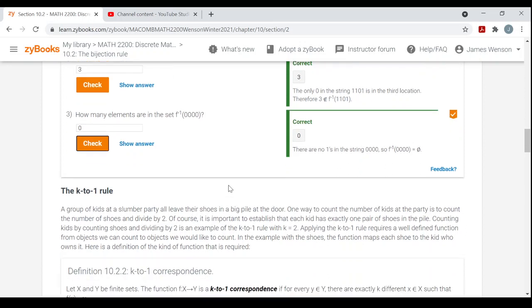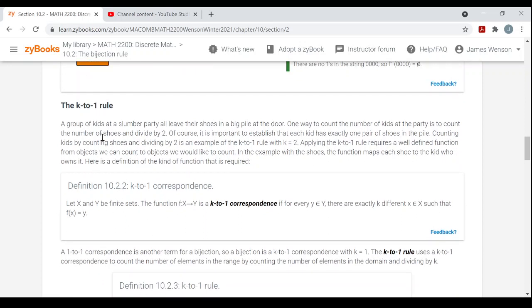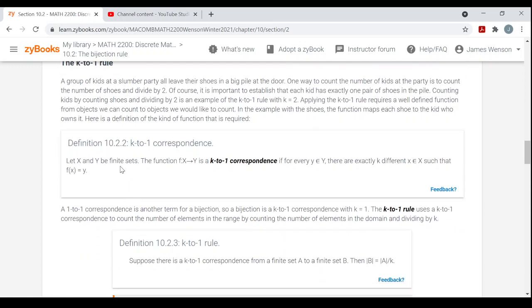All right. So next, we've seen one-to-one functions. We're going to talk about k-to-1 correspondences, or k-to-1 functions. So the k-to-1 rule just means that every element in the target is mapped to by exactly k elements in the domain. I'll explain all that down here. Here's a k-to-1 correspondence. Let X and Y be finite sets.